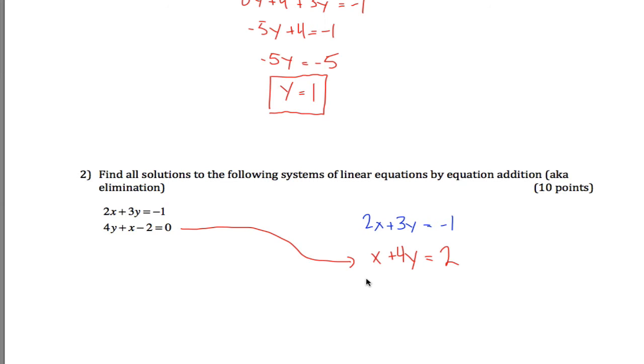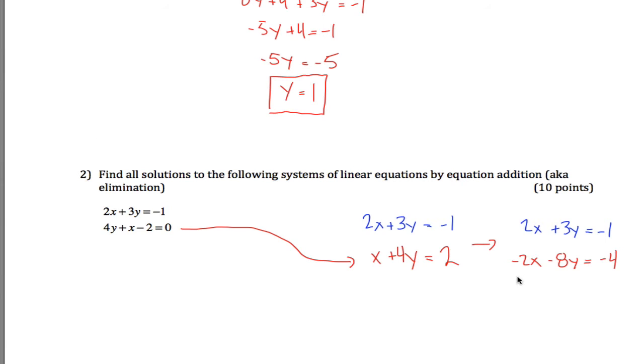One way you could get rid of either the x or the y is to multiply this bottom equation by negative 2. So instead of 1x, I got negative 2x. Instead of 4y, I got negative 8y. And instead of 2, I got negative 4. You leave the top equation alone, 2x plus 3y equals negative 1.